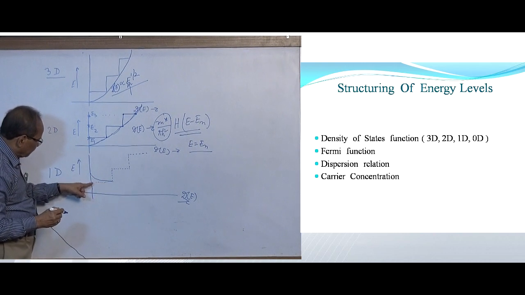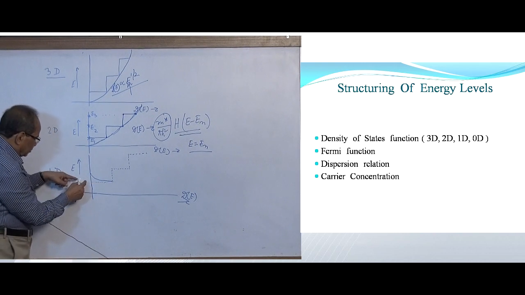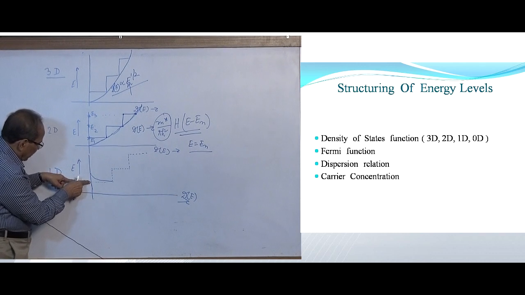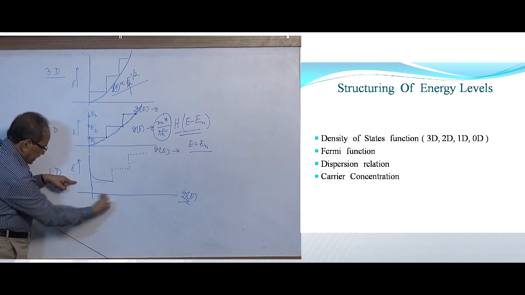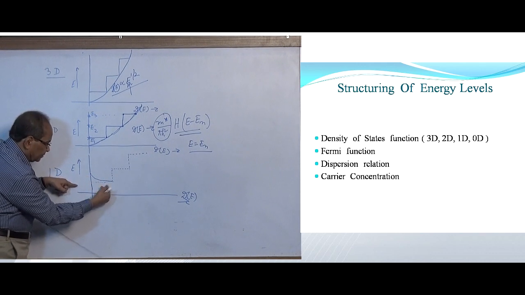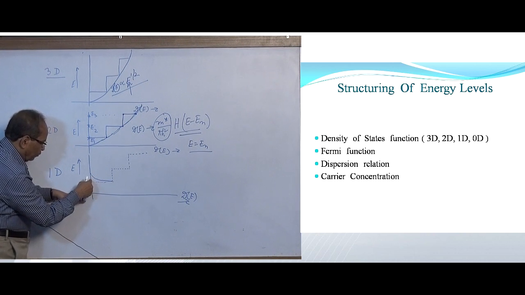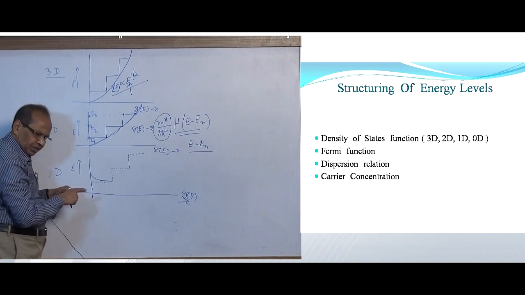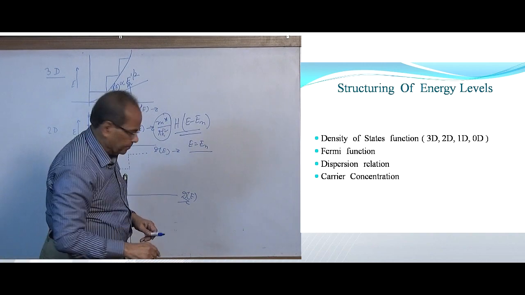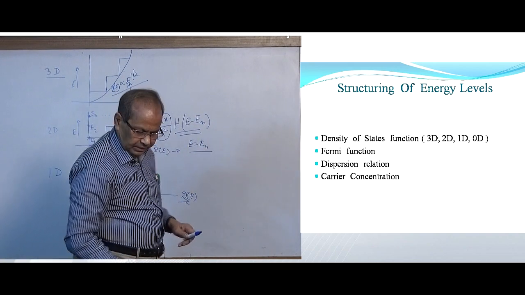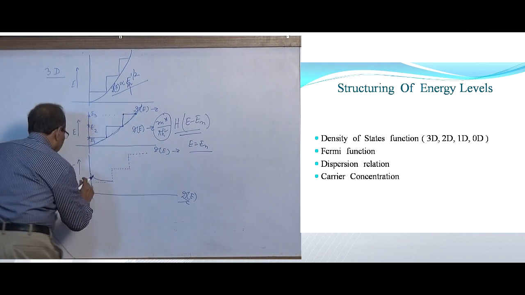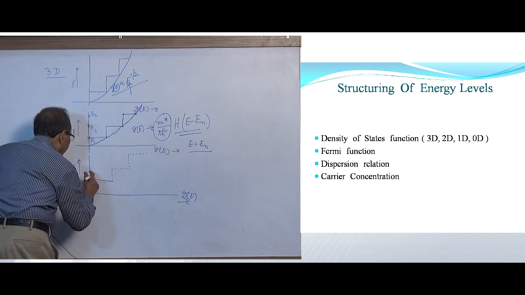See here, it gradually falls. As you move from this value to higher and higher energy, the density falls. The density of states comes to a very low value, almost towards zero. Not zero, very, very low value.